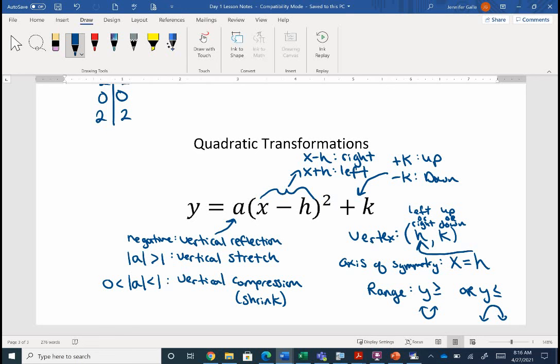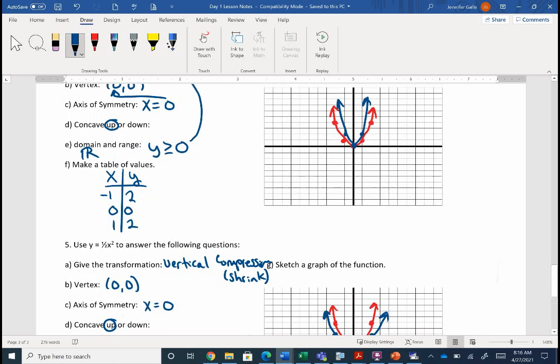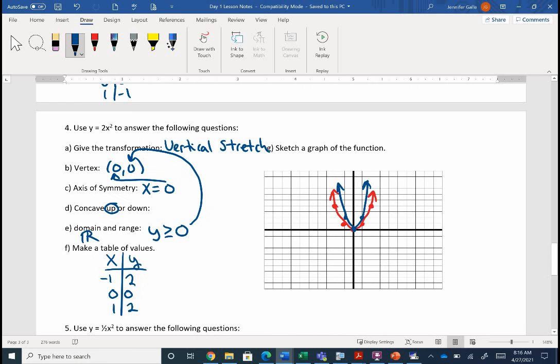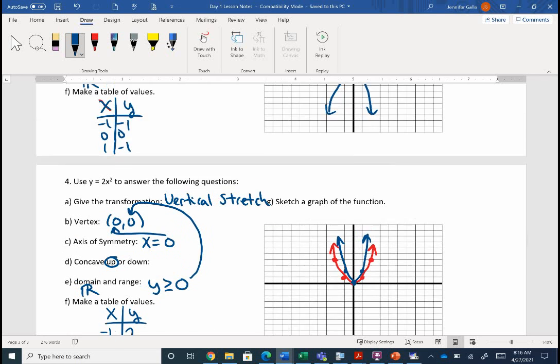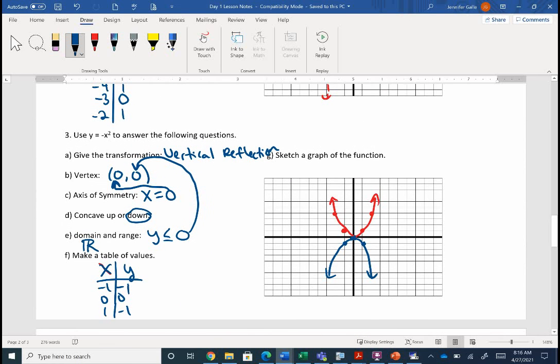I'm going to scroll up for just a second. I will put this back. I know not everybody has it down. But if you take a look, for example, at number 4, our range in part E, we had a 0 there. There was a 0 for the y value of our vertex. Same in number 3. We had a 0 for our range in part E. There's a 0 for the y in our vertex.